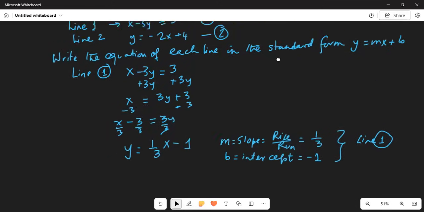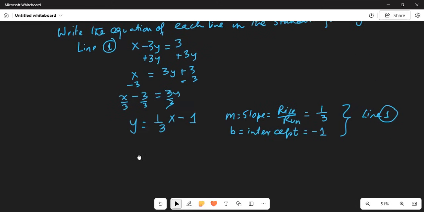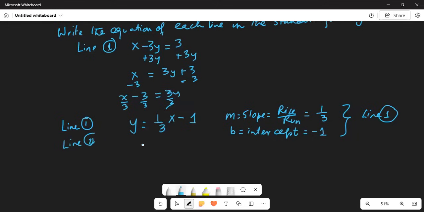Line 2 is y equal to minus 2x plus 4. So the slope, rise over run, is equal to minus 2.